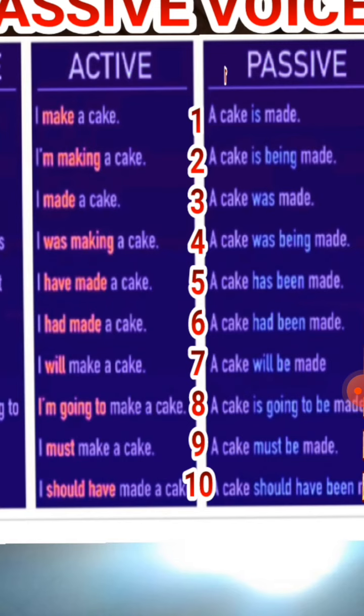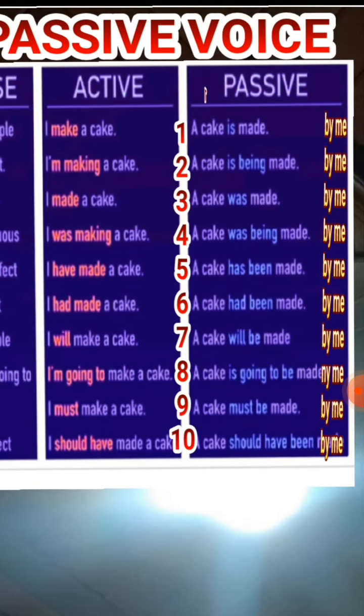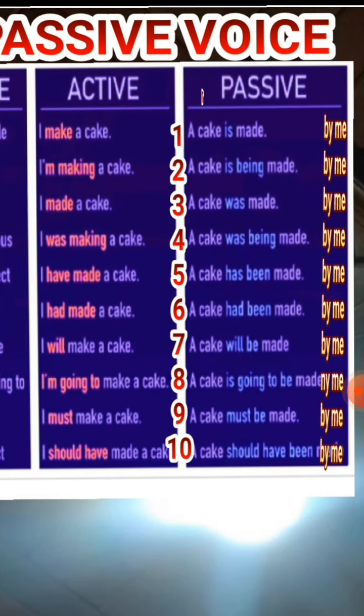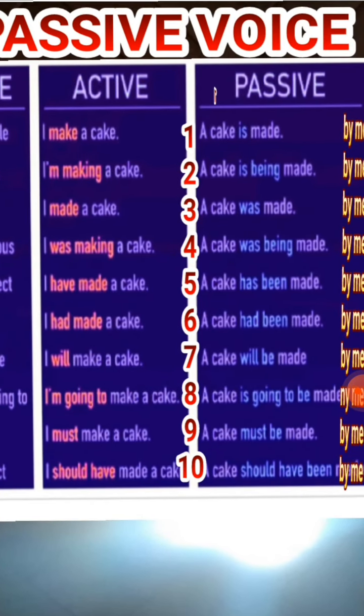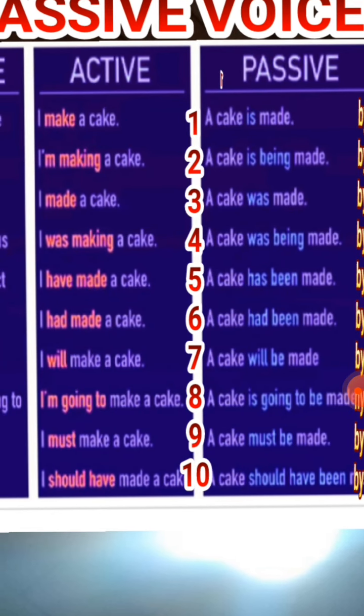A cake is made. We use is because the sentence is in the form of present, and then after is we use the past participle, or the third verb, the verb of make is made.